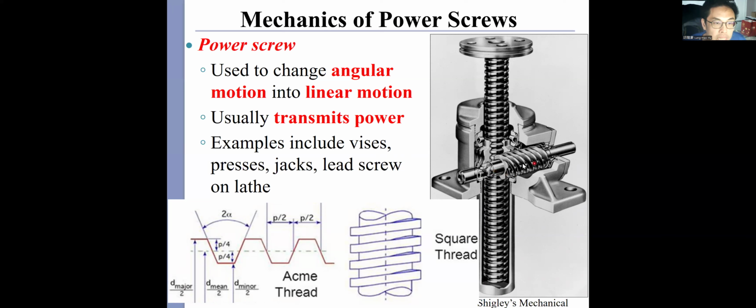And we can just keep rotating this power screw and transmit power, maybe to move a shaft, or we can convey some components in linear motion. Usually the examples include vices, presses, jacks, lead screws, and so on.